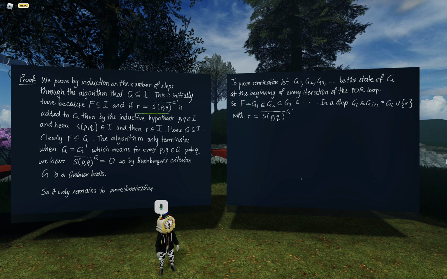So in the beginning of that step of the outer while loop. Note that by the division algorithm, this remainder has a property that none of its terms are divisible by any leading term of an element of G prime.